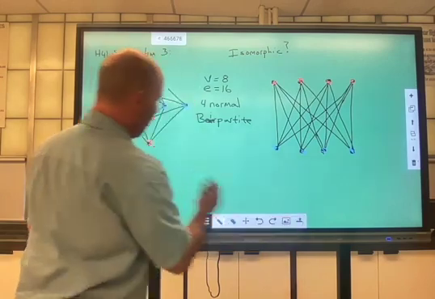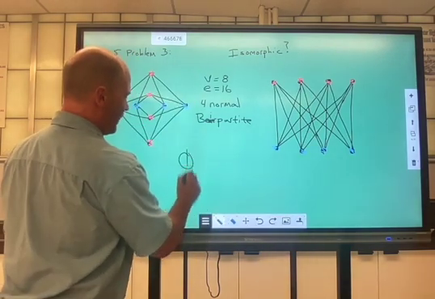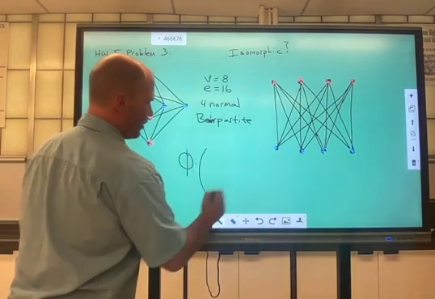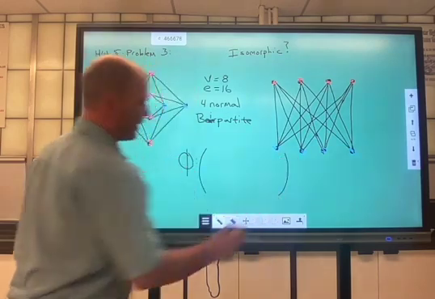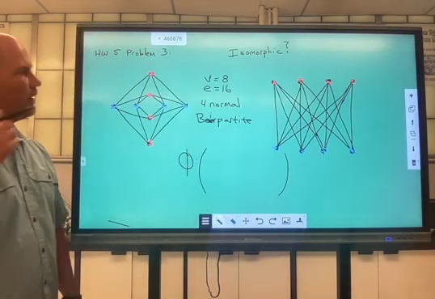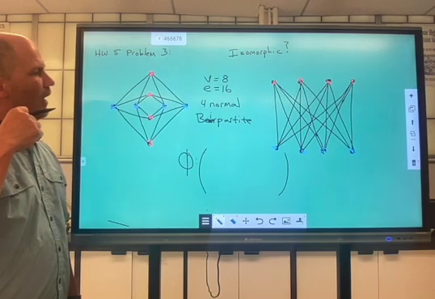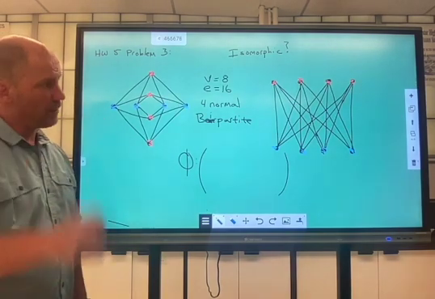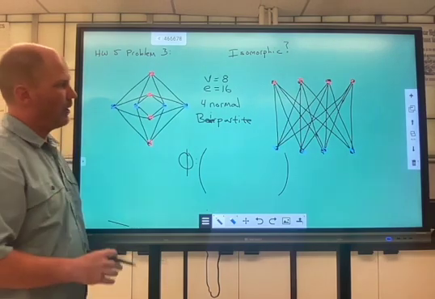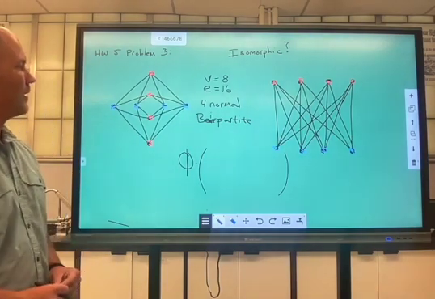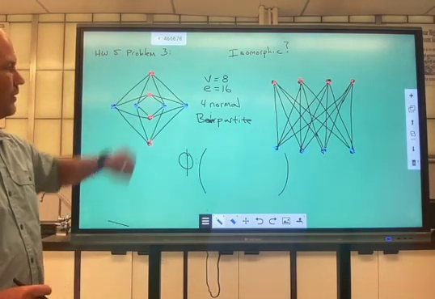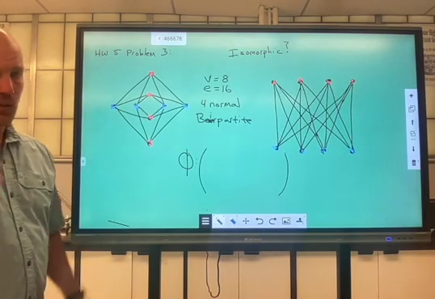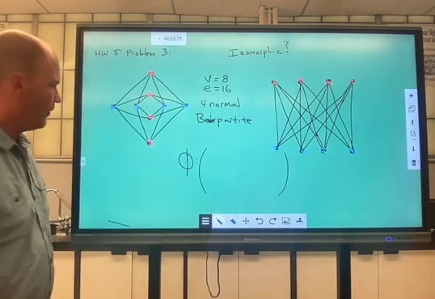And so then all I needed now to do was to create the function phi. And one thing that was pretty easy was the fact that these are both complete bipartite graphs with 8 vertices. So in order to create this function, we need to create labels.